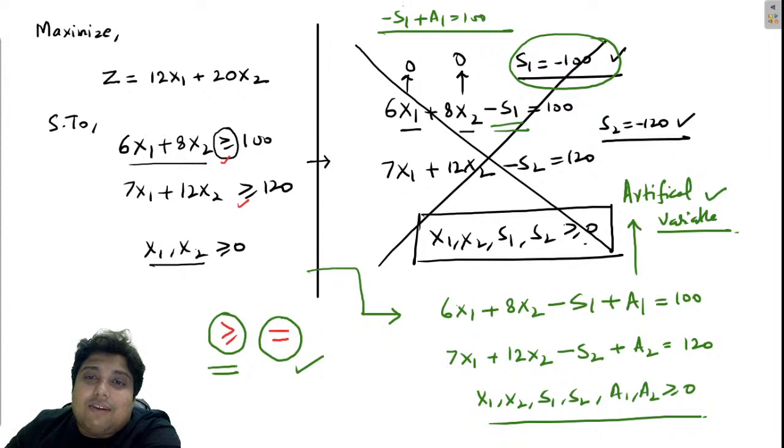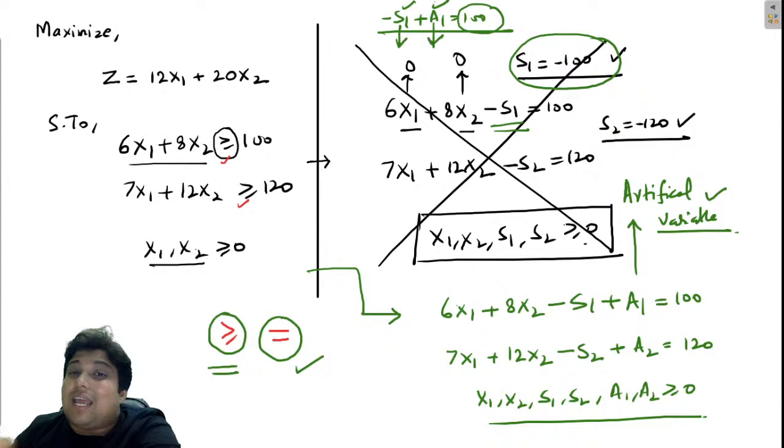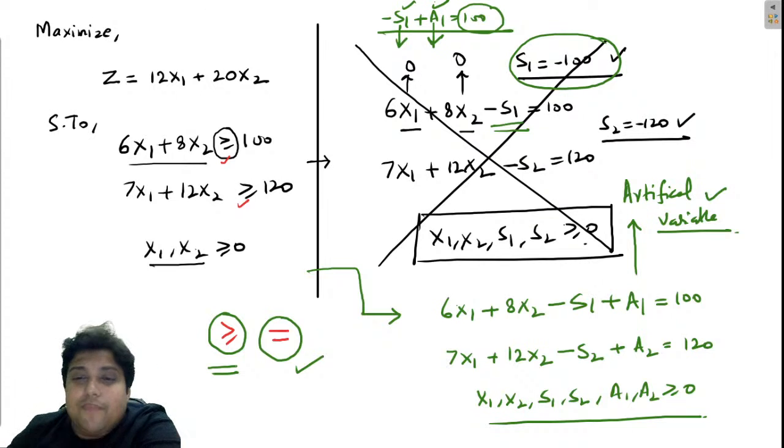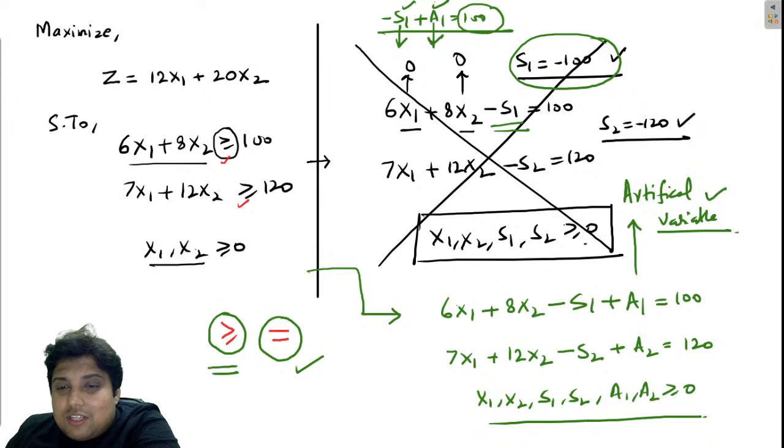Now s1 and a1 can have any value, but they should be in the first quadrant. So minus s1 plus a1 can be 100, but s1 cannot be negative and a1 cannot be negative, just like x dash was replaced by x double dash minus x triple dash. I hope you got my point. So these are the final conversions.